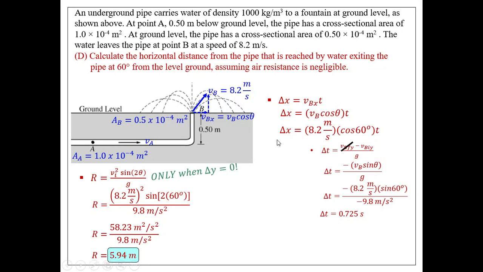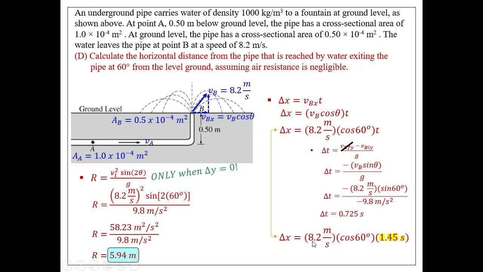Okay. But keep in mind, we need the total time because the problem goes from this point to this point, right? It covers a certain amount of horizontal distance up and down. So I want to take this time and I'm actually going to multiply it by 2. So keep that in mind. I think this is just an easy strategy to do. So therefore, to find the horizontal distance traveled using kinematics, I would say VBX, which is 8.2.